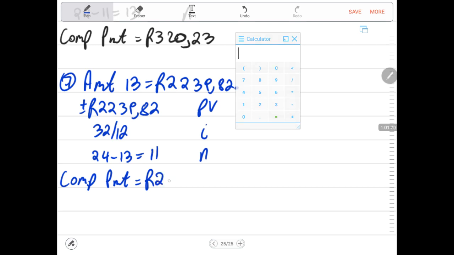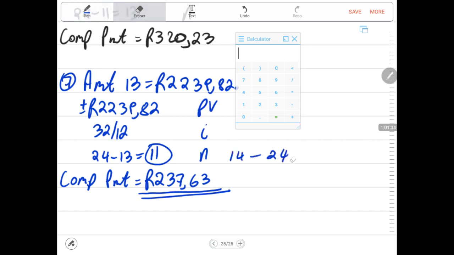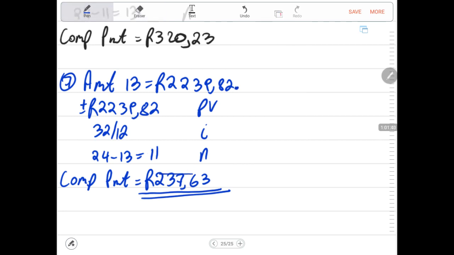Our PMT is 237 Rand 63 cents, meaning we are going to be making these payments for the next 11 months, starting from month number 14 up until month number 24. Why? Because of the change in the interest rate. Then our n has to change, meaning our annuity or our PMT has to change.